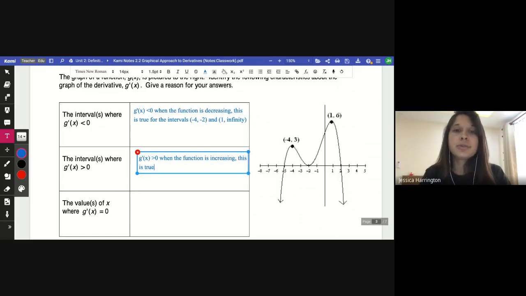This is true for the intervals. All right, so it's positive, it's increasing from negative infinity to -4. So I'm just writing negative infinity to -4. And it's also increasing from -2 to 1. -2 to 1. Okay.